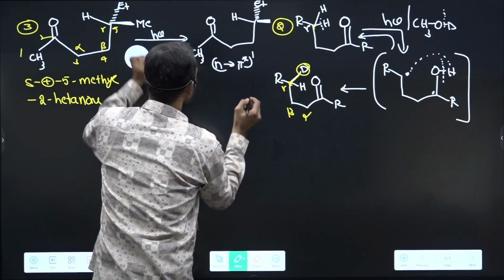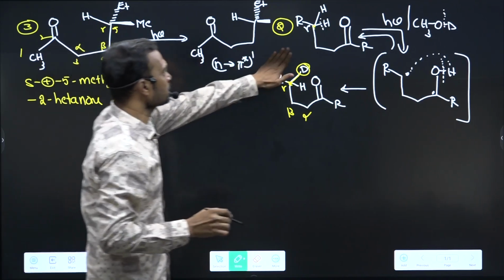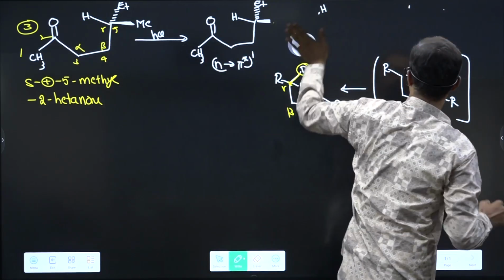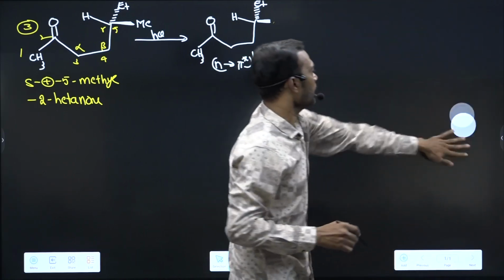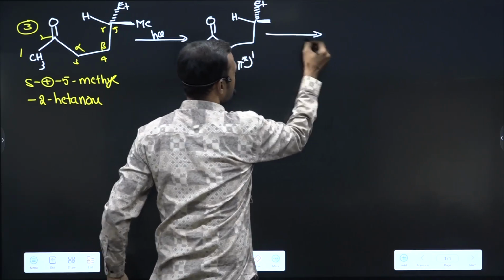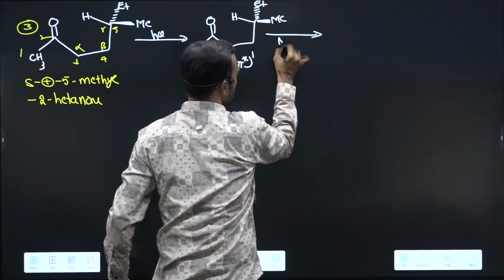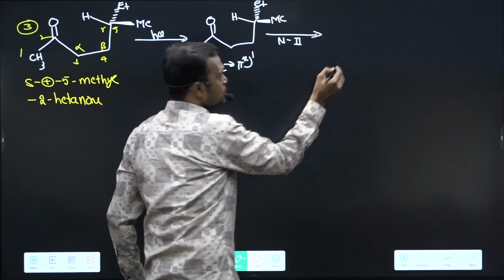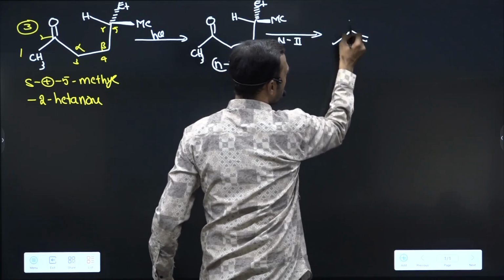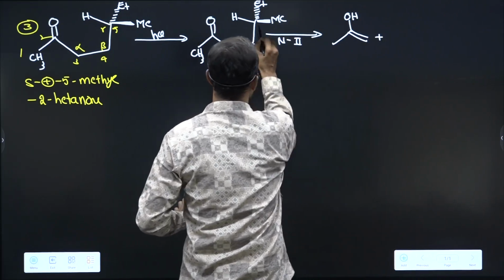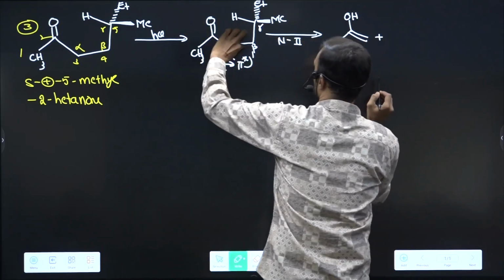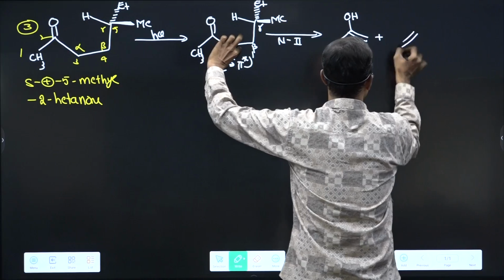Now from there onwards, two possibilities are expected. What is your first possibility? Gamma hydrogen transfer to give a radical directly. From here you may expect a direct product. You may expect the Norrish type 2 directly. So what is the Norrish type 2 product? Put a double bond here, and this is OH. This is alpha, beta, gamma. Gamma hydrogen transfer. Now break the bond between alpha and beta, put a double bond.